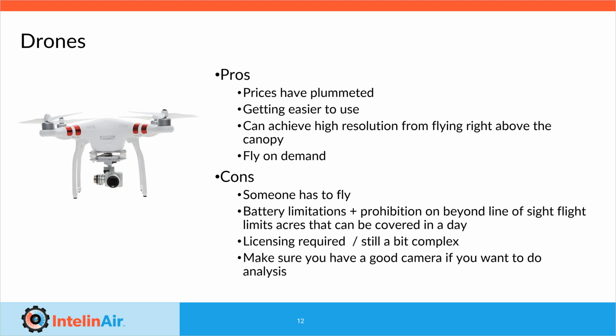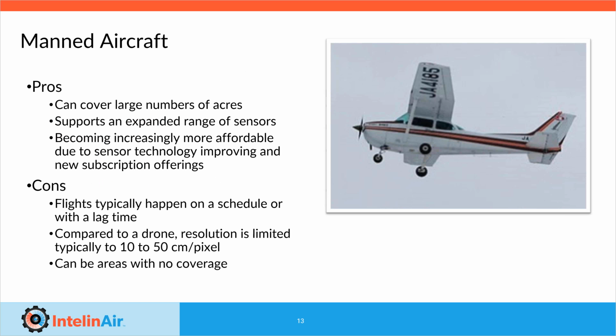And then the third primary option is actually manned planes. The big benefit with the plane is it can just cover so many acres. It can carry more sensors than a small drone. And you're seeing more and more solutions out there, new business models, where subscription offerings are available to the farmer. You are typically on a schedule, unlike a drone where you can fly it anytime you want.